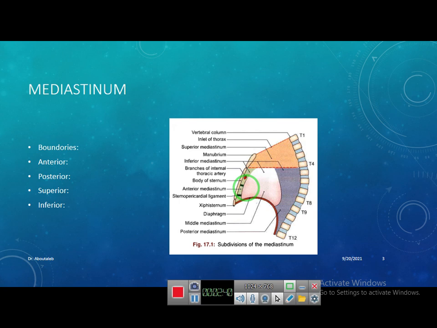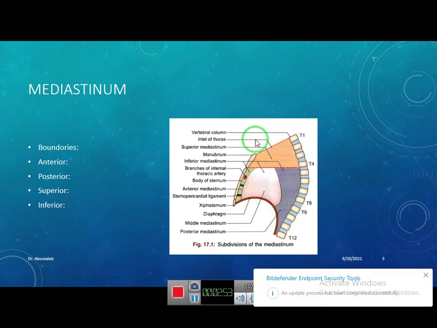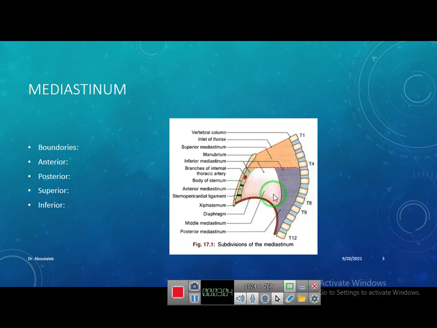Above it lies the superior mediastinum. Anterior and posterior to the heart are the anterior mediastinum and posterior mediastinum. So we have the mediastinum here, the superior mediastinum is here, and the whole inferior mediastinum is here. I'm showing to you, in the middle of the inferior mediastinum we have the heart.